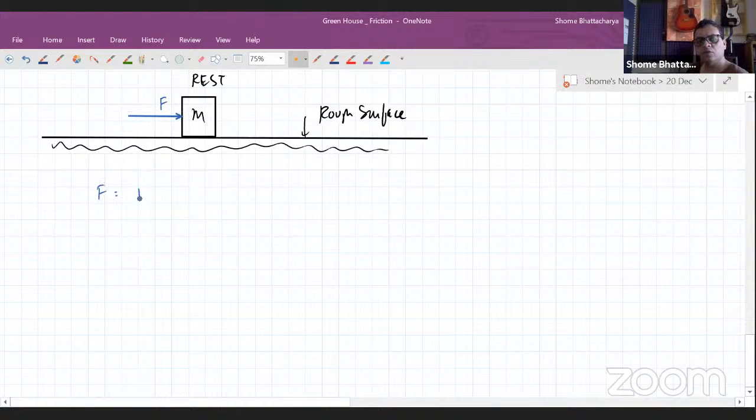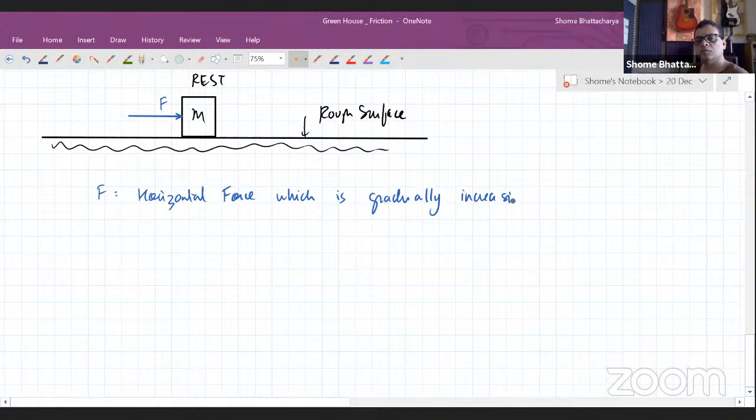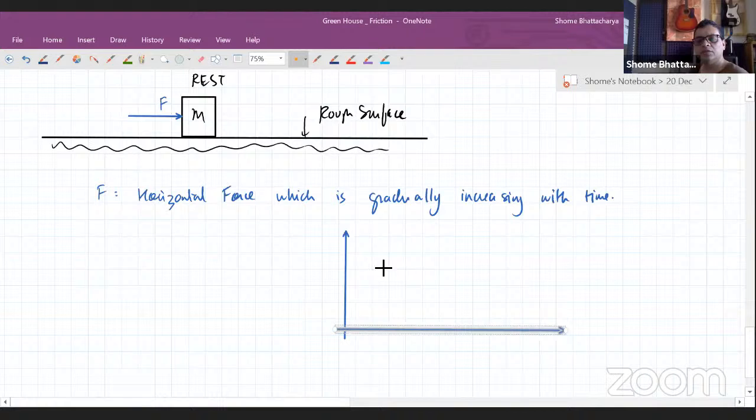So F is a horizontal force, which is gradually increasing with time, such that we are controlling the force, suppose, in such a way that we are increasing the force with respect to time, like this. Suppose we are very slowly increasing the force in magnitude with respect to time.